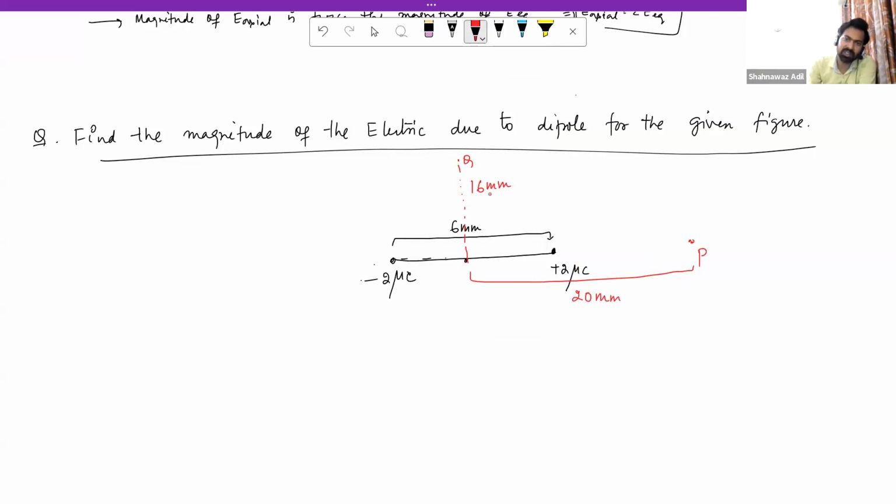And these should be larger, because then we can neglect this thing.